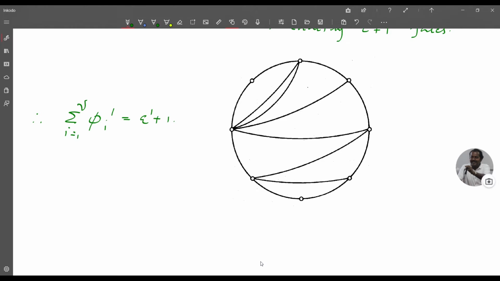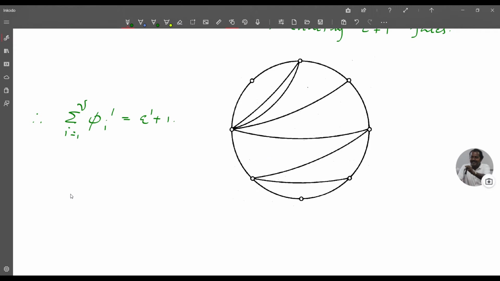Now you can see that each edge in E dash is in the boundary of two faces in the interior of C. For example, this edge is in the boundary of this face and this face, and similarly this edge is in the boundary of this face and this face.